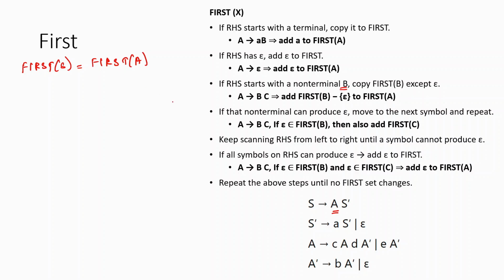If the right hand side starts with a non-terminal, copy the first of that non-terminal. So first of B is here first of A, and first of A we still didn't calculate.